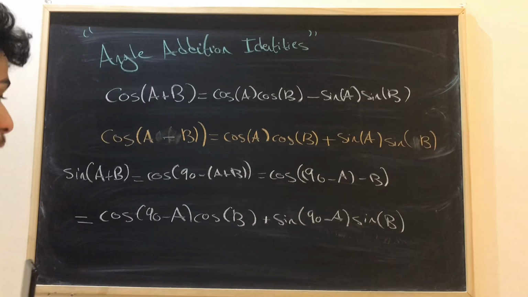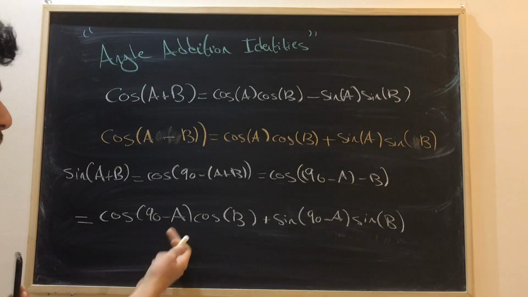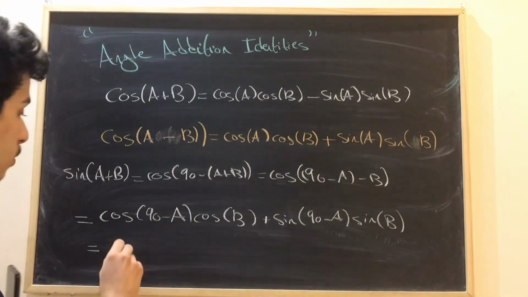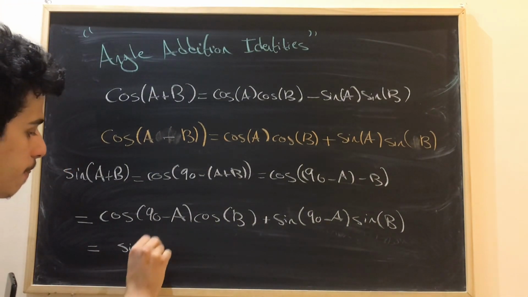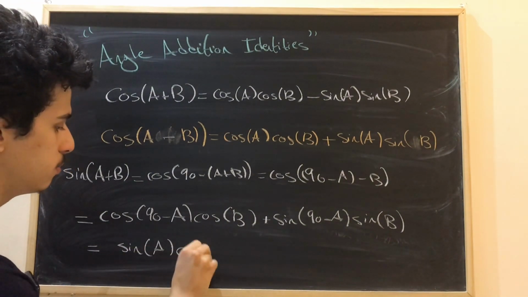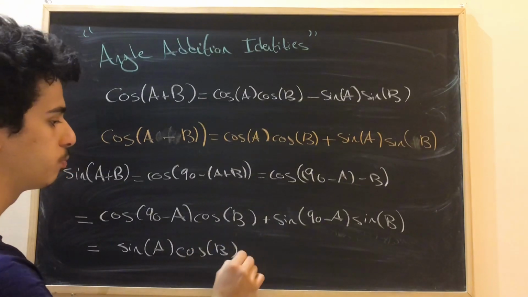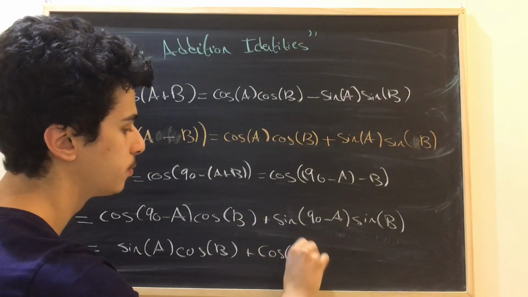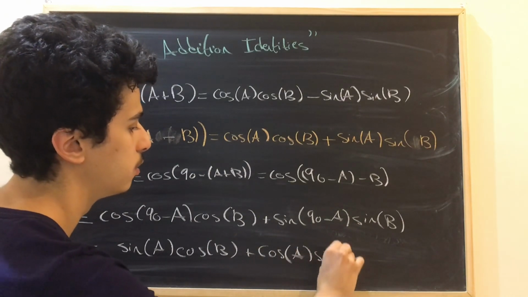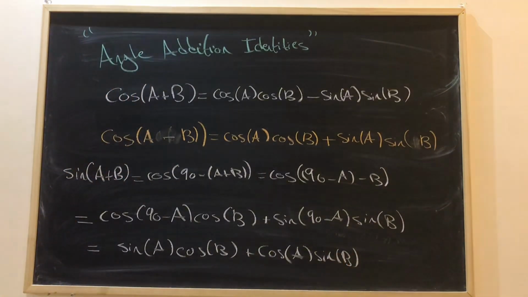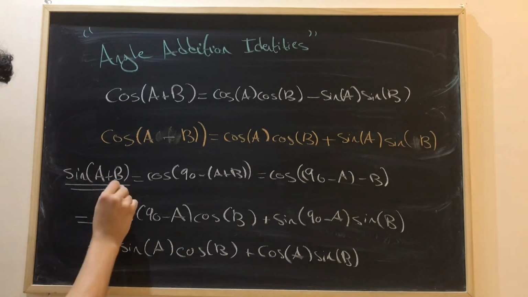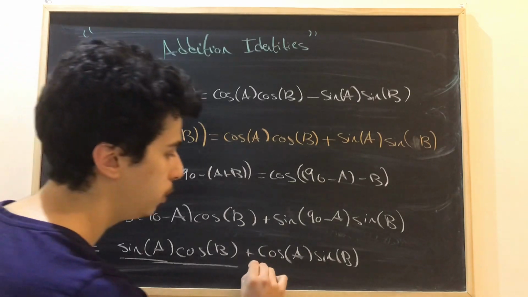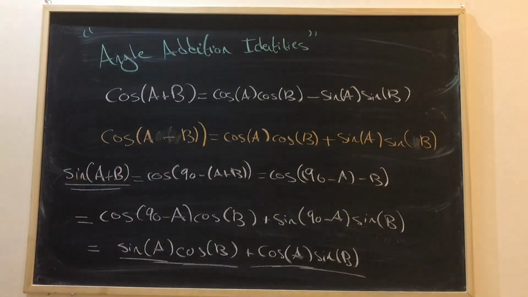Very nice. Now we know that cosine of (90 minus a) must be sine of a, according to the cofunction identity. Once again, this will stay the same, plus this will be cosine of a and the sine of b. And there we go. We have the sine of (a plus b) is equal to sine a cosine b plus cosine a sine b.